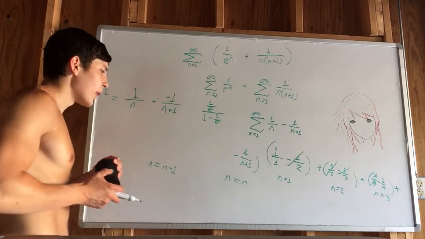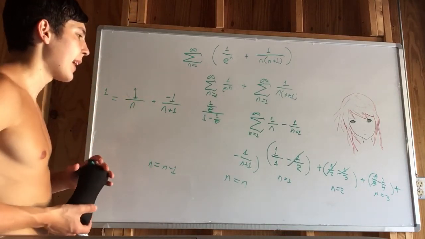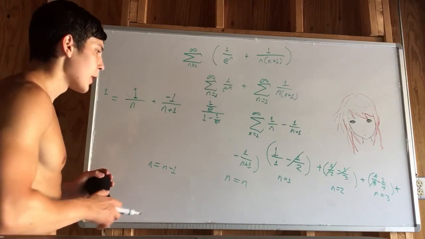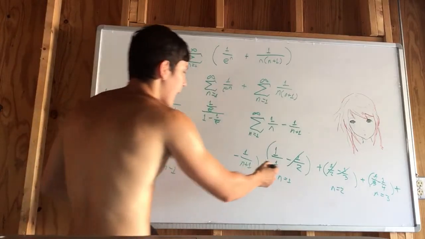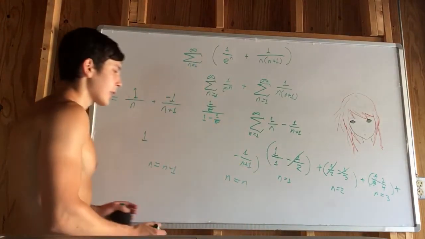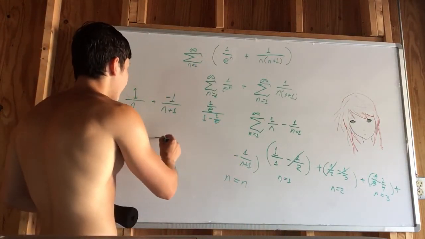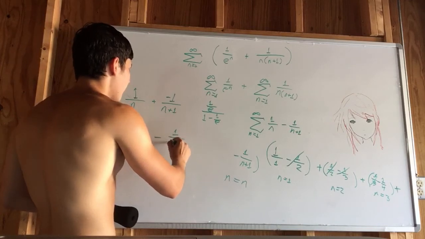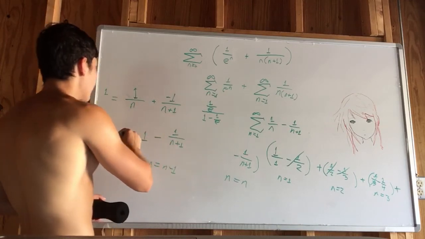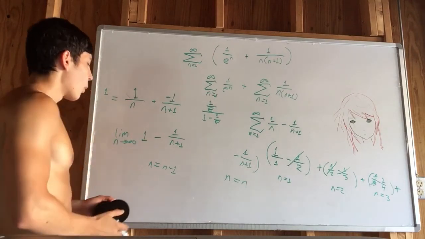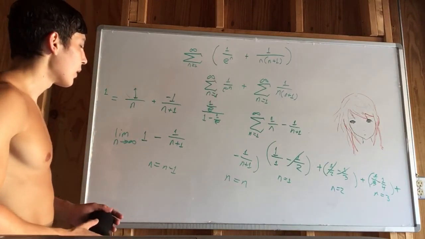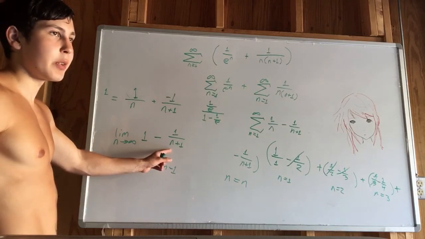But remember, with these things, we are taking the limit as n approaches infinity. So this is how it looks like. If you just got the first term with this telescoping, and you've got the last term like this, and then we take the limit as n approaches infinity, what's going to happen? Well, n is going to go to infinity.